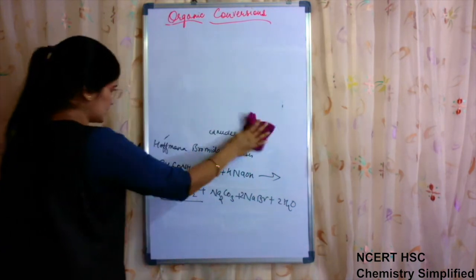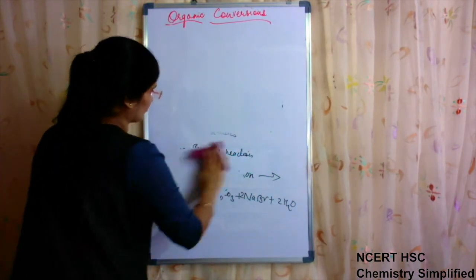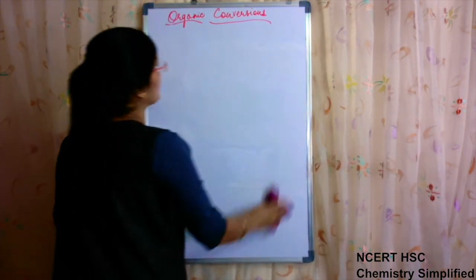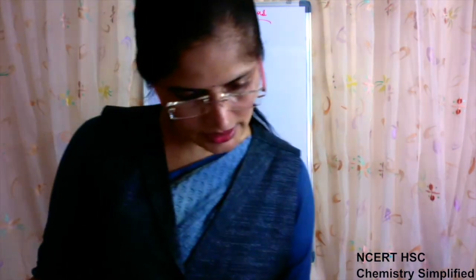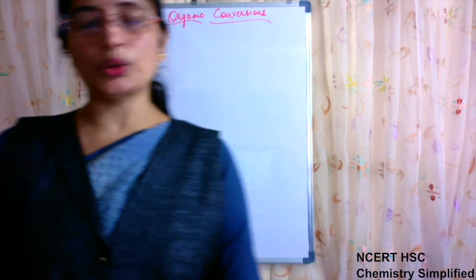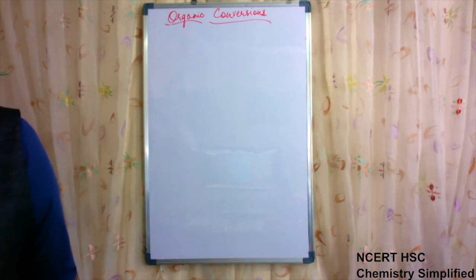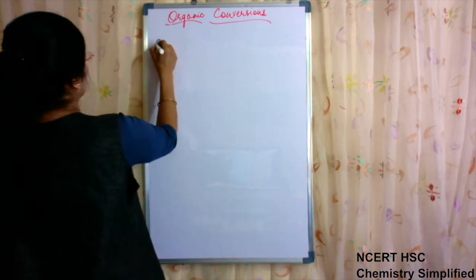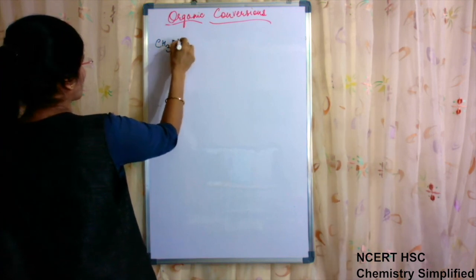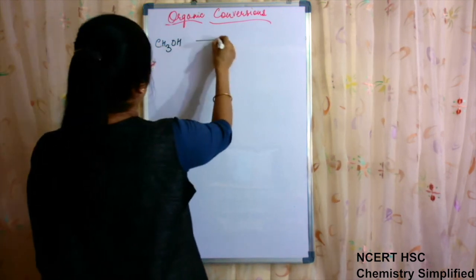Now next we will see methanol to ethanoic acid. CH3OH, methanol to ethanoic acid.